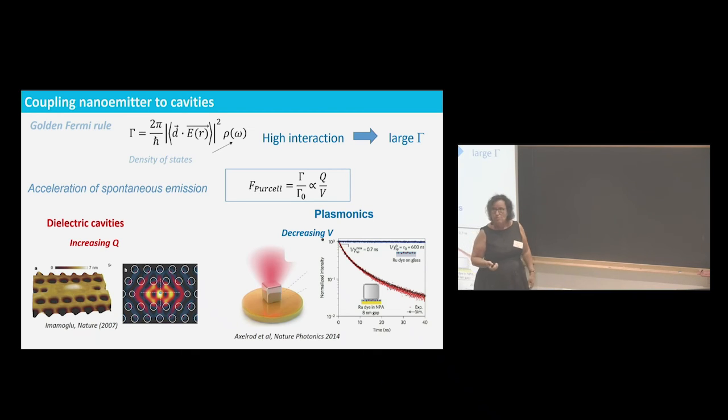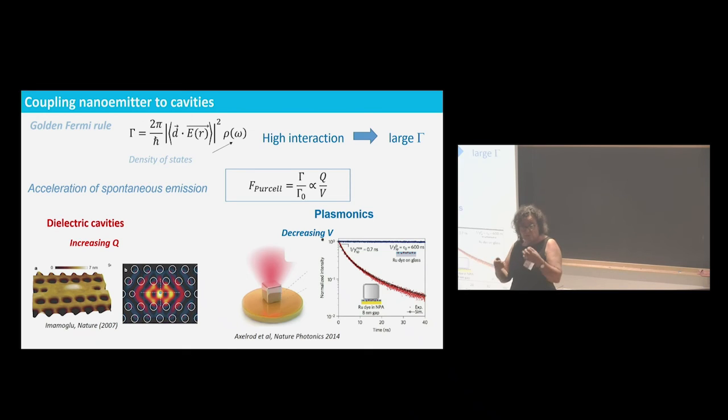In fact, what you have to consider when you discuss the interaction between matter, or a cavity, an antenna, and light, is the golden Fermi rule, which says that the decay rate, the decay of the spontaneous emission, is a function of the field, the resonant field, and the dipole. And in that case, if you have a large interaction between the dipole, so the matter, your emitter, and the field, then you will have a large gamma.